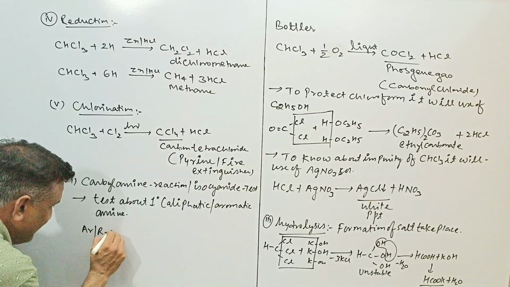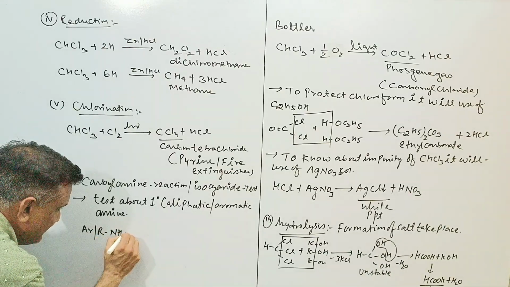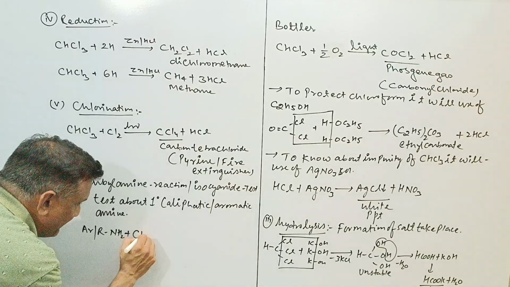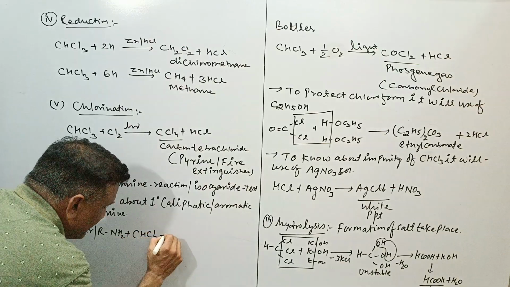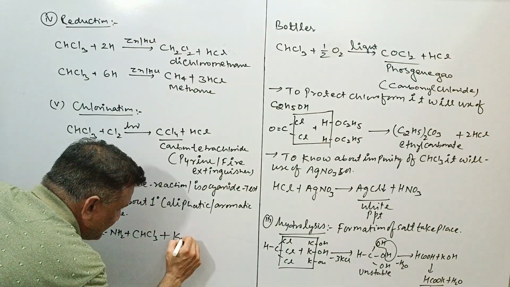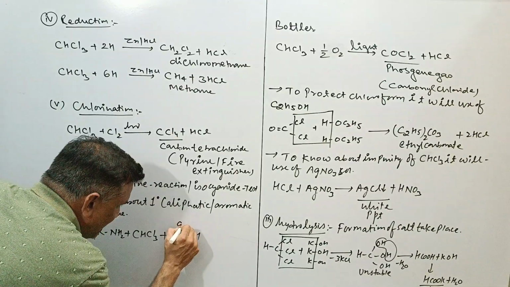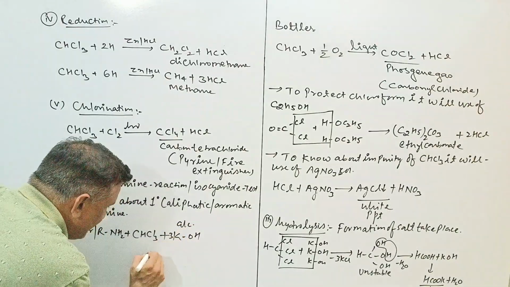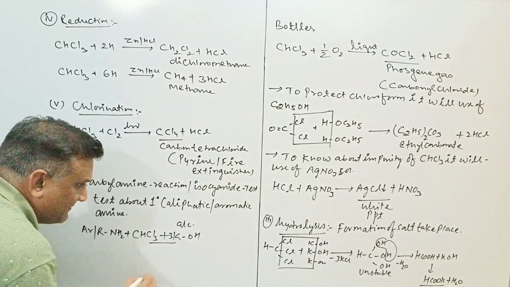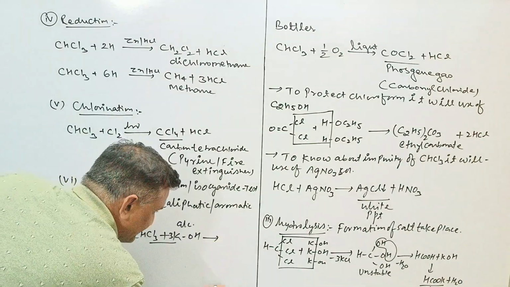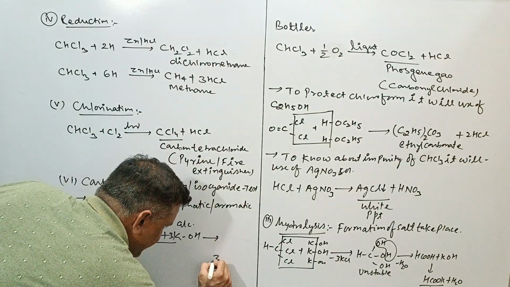This is your NH2. This is your chloroform CHCl3. Here we'll use just your alcoholic KOH, 3 molecules, with removal of 3 KCl.